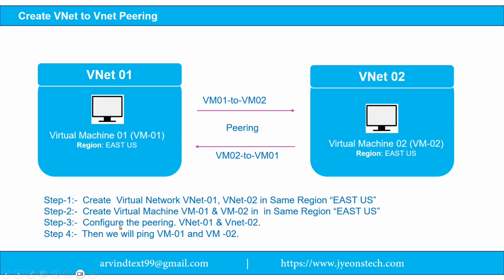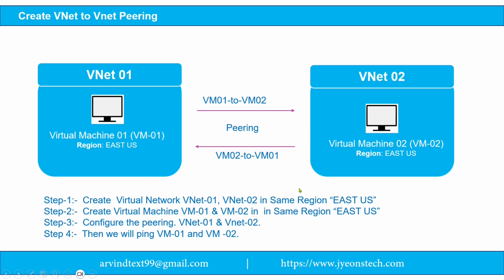Then we will configure the peering between VNet 01 and VNet 02 in both directions. Then we will ping VM01 and VM02, and we will see that from virtual machine 1 to virtual machine 2 we are able to ping, and from virtual machine 2 to virtual machine 1 we are also able to ping.